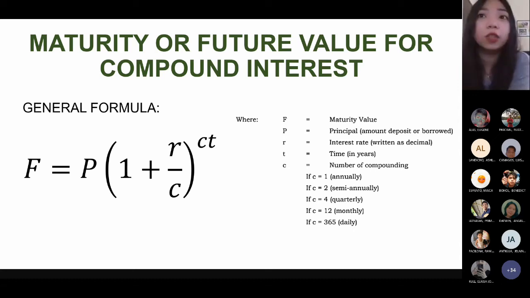Refer na lang kayo dito para alam natin kung ano yung value ng C na gagamitin natin. Sige. So, dun lang sa dalawang formulas na ito, iikot ang ating discussion for today. Let's have our first example.